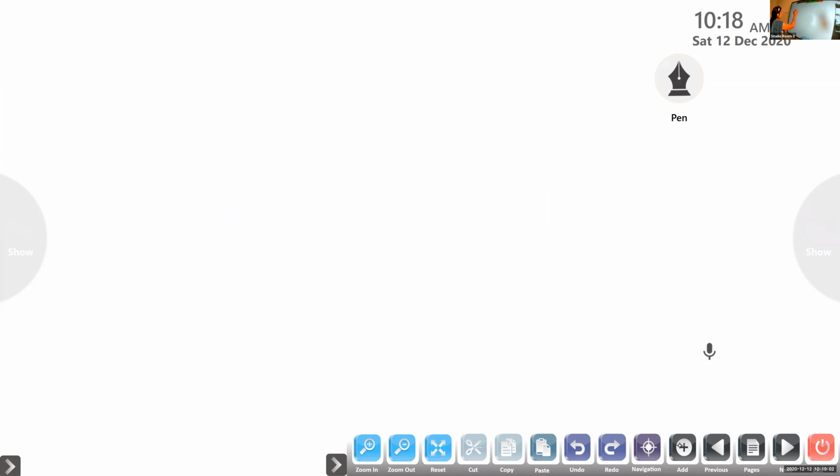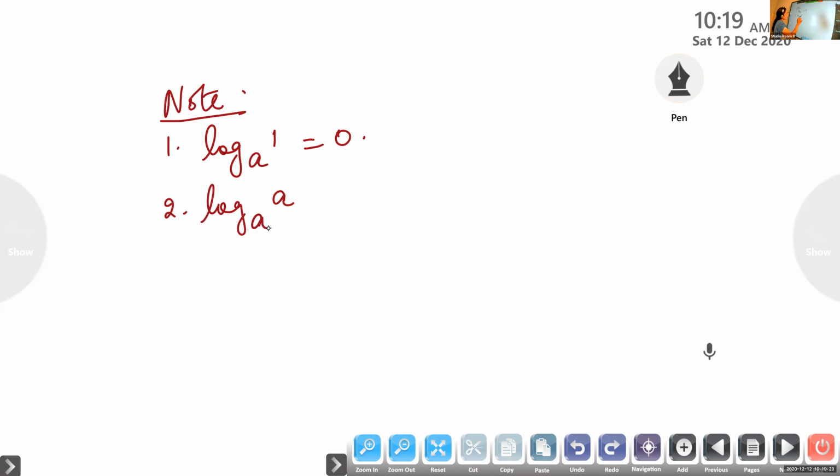Okay, so some important points we are going to learn. Log 1 to the base a is always 0. Log 1 is always 0. The second one, log a to the base a is 1.